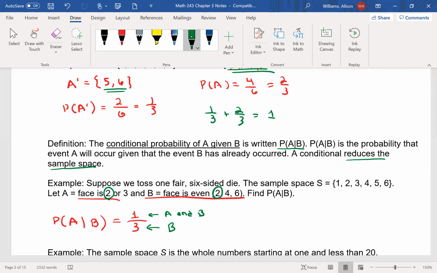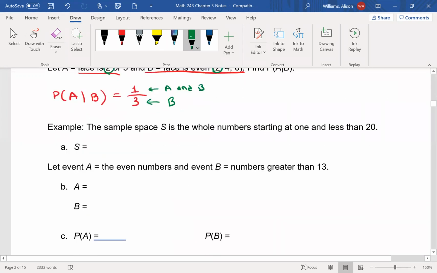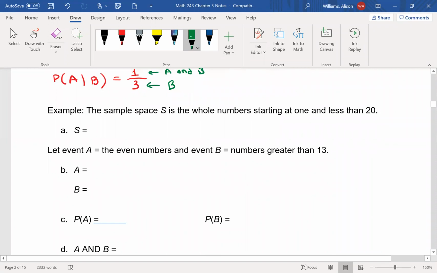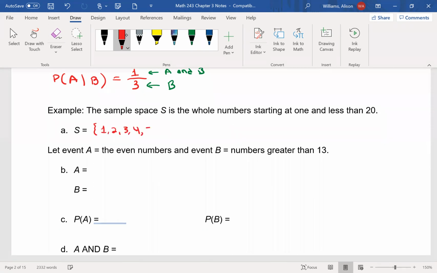All right, so we'll put this together in a large drawn out example here. Let's start with the sample space. This time we're going to list it. So it's all whole numbers starting at 1, less than 20. Whole numbers means no decimals. So we start with 1 and we're going to list out all the numbers until we get to 20.